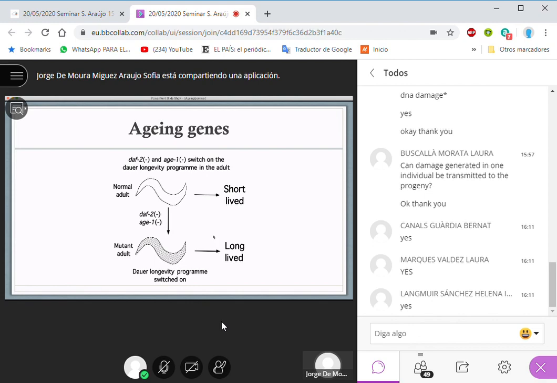These mutants will continue living and have a much healthier status than the ones that are not mutants for these genes. So we select this mutant, and then we need to find out where the mutation is, in which gene, and what this gene is.